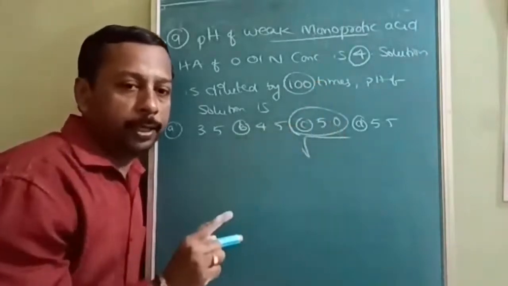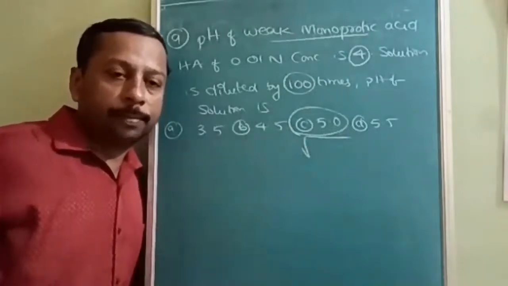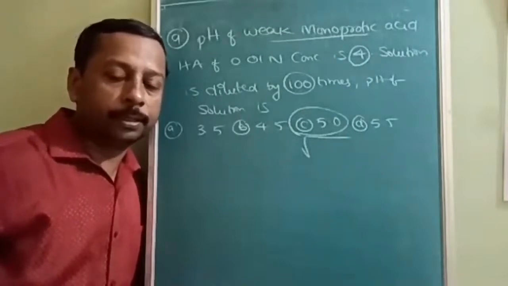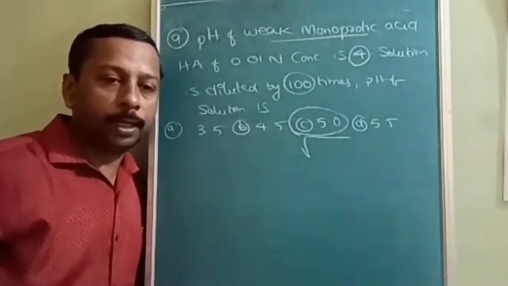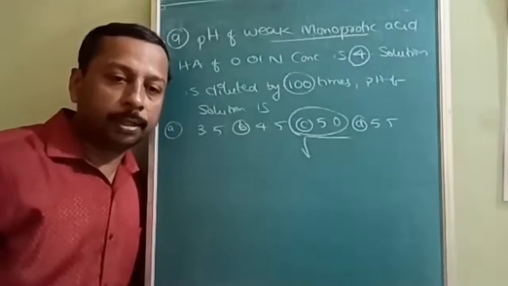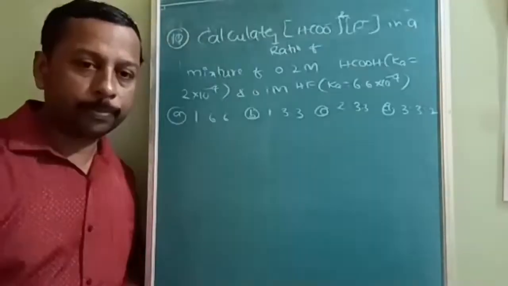For every 10 times, pH will increase by 1, and for a base it will decrease by 1. If you add acid, pH will decrease. If you add base, pH will increase. 100 times will give you 2 plus, and 1000 times will give you 3 plus, because logarithm is applied.